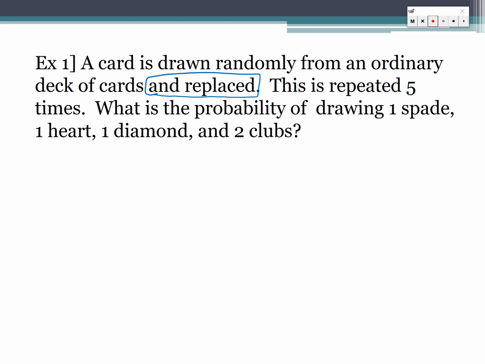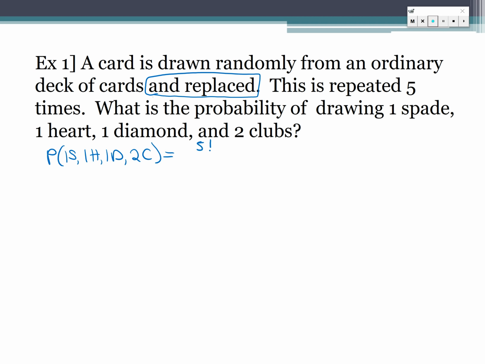So I'm going to go ahead and start with our probability notation. So probability of, we want 1 spade, 1 heart, 1 diamond, 2 clubs. In our numerator, we have an n factorial. That's how many trials we have. And it says we're going to draw the card 5 times.